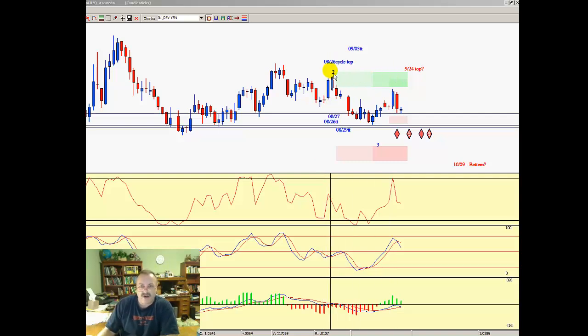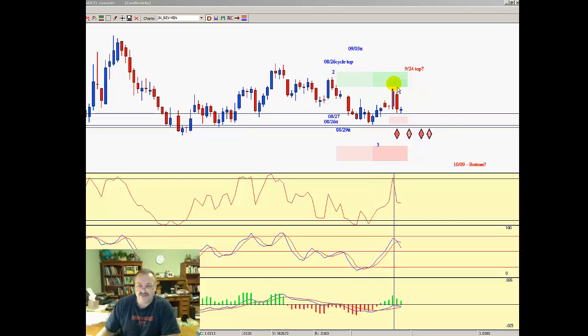And here I was looking for a cycle top to occur in the Japanese yen futures, and it did occur. Then down here I was expecting a cycle swing bottom to occur in the Japanese yen, and it did occur, as you can see here.